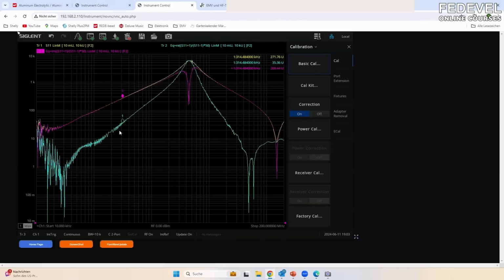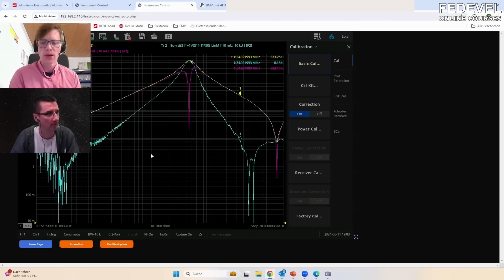And the blue one are the losses. So here you can see the losses of the core over frequency. Here it's going up as an inductor. Then here we have the resonance frequency of the core. And then here it goes down with the capacity.